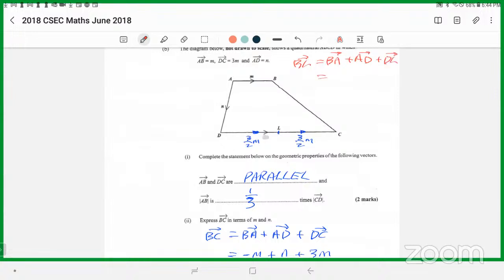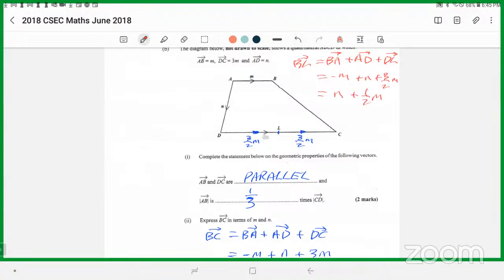The B to A is minus m. We're going in the opposite direction to the m. The A to D is n down here, so adding an n. And then the D to L is 3 over 2m, 1.5m. So this is the only n there. 1.5 minus 1 is a half. So it's a half m.